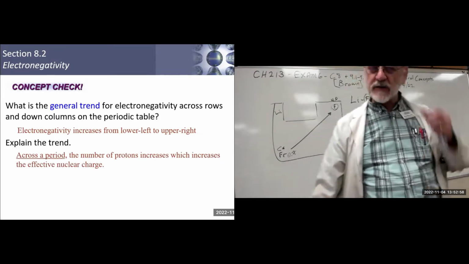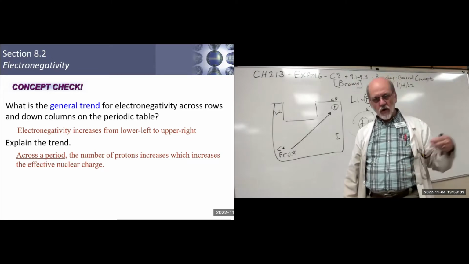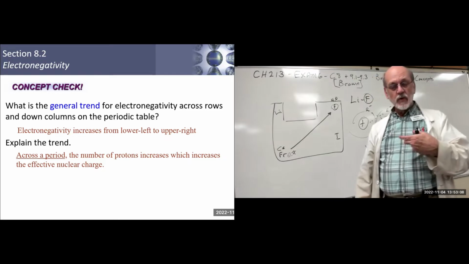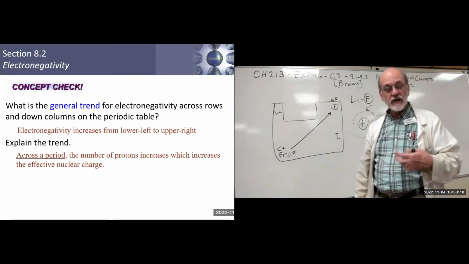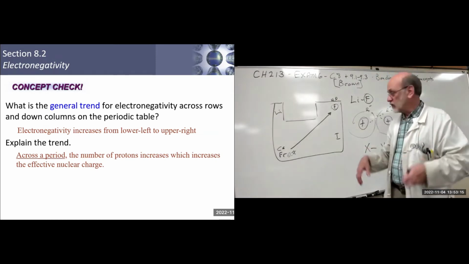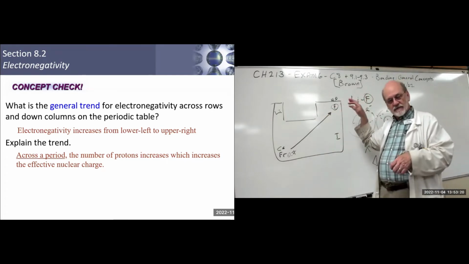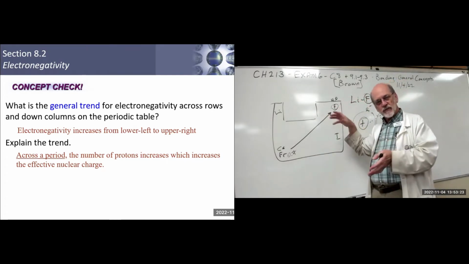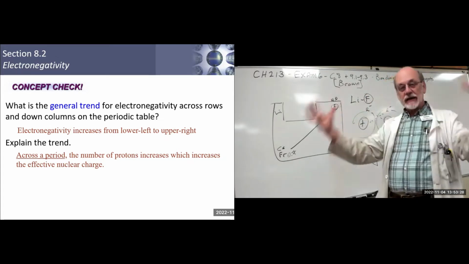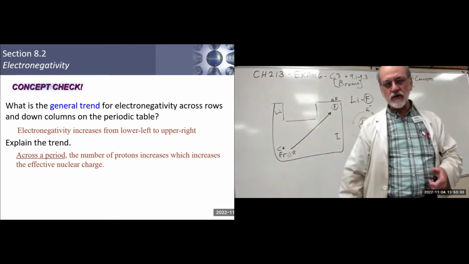And here's the explanation. It's similar to ionization energy. Across the period, the number of protons increases, which increases the effective nuclear charge, which means they're drawing on electrons more strongly. While you are also adding electrons at the same time, the addition of electrons to go with the protons is not enough to shield the protons from outside influence and attraction to other electrons.